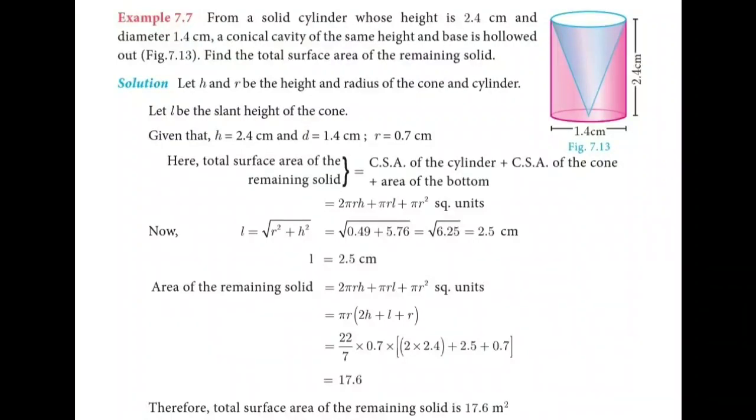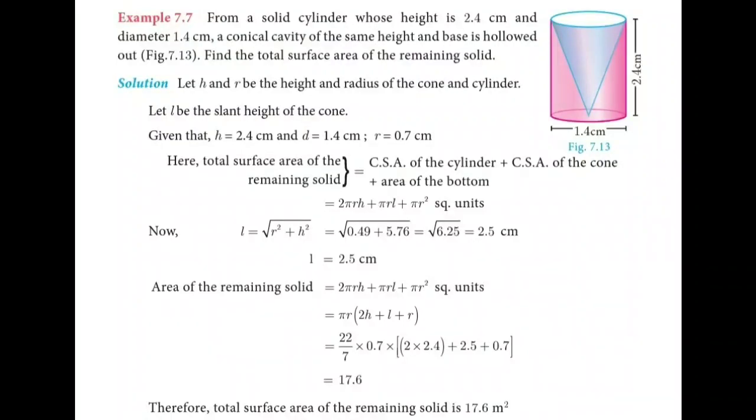Then root of 0.49 plus 5.76. Then 0.49 plus 5.76 we get root of 6.25. Then l is equal to square root of 2.5 into 2.5. We get l is equal to 2.5 centimeter.